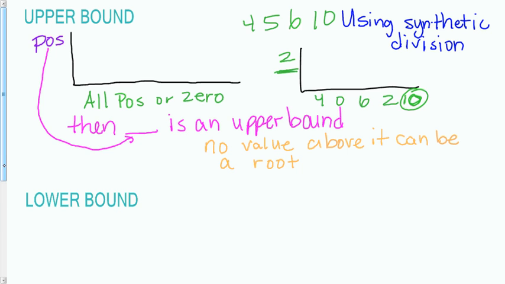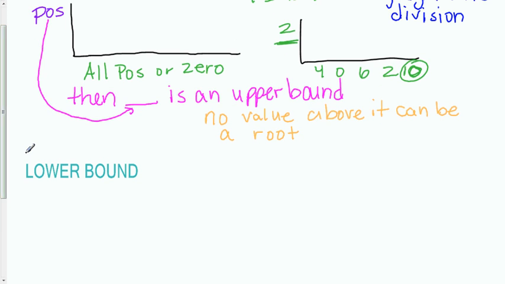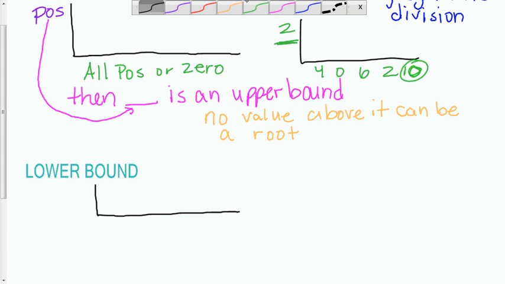The lower bound rule is similar, in that when you use synthetic division, but now when you have a lower bound, this value out here has to be a negative number.